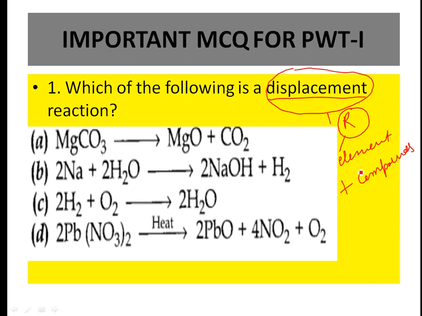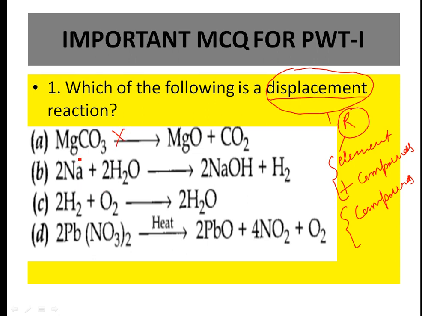If a reaction fulfills these conditions, it is a displacement reaction. In the second case, both the reactants are molecules of compounds. So in the first case, there is only one reactant, but in displacement reactions it is necessary to have two reactants. So this cannot be the correct answer.